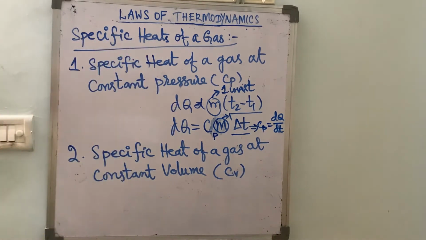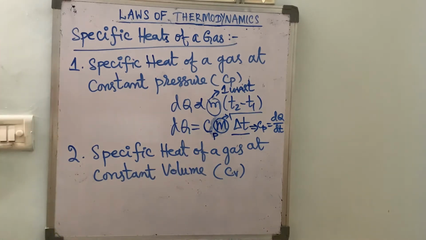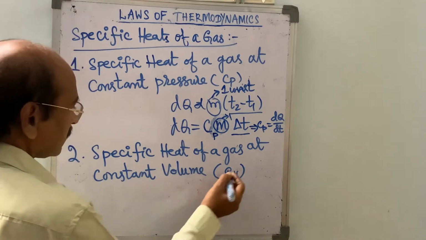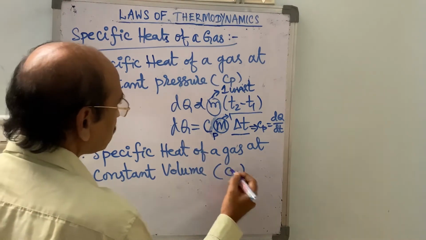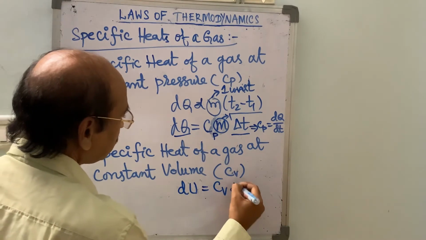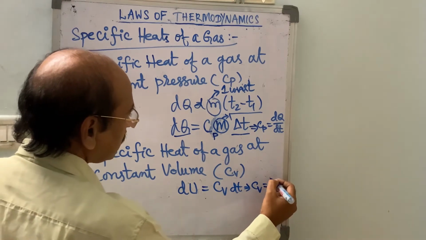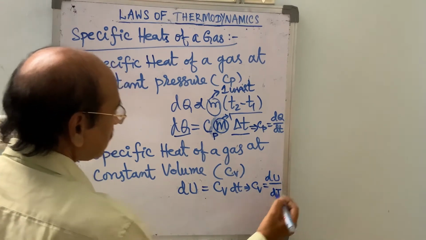And when heat energy is supplied to the system at constant volume, the entire energy supplied is utilized to increase the temperature, so that internal energy increases. Therefore dq is equal to the change in internal energy, dq is equal to Cv into dt. From this, Cv can be written as du by dt.